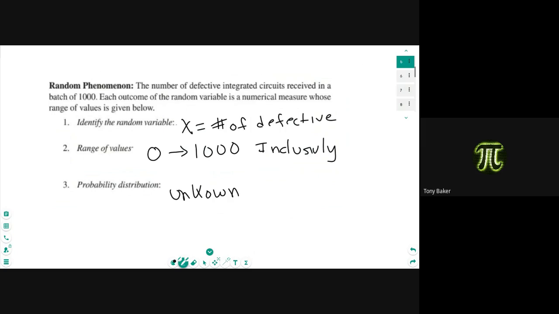This is one of those ones that we'd have to actually look at historical data to be able to figure out what's possibly going on. But that is an acceptable answer for this one. Do you think this one would be discrete or continuous? It is discrete. Do you think this one would be a uniform distribution? No, because not every value is going to show up the same amount. Okay. Good.